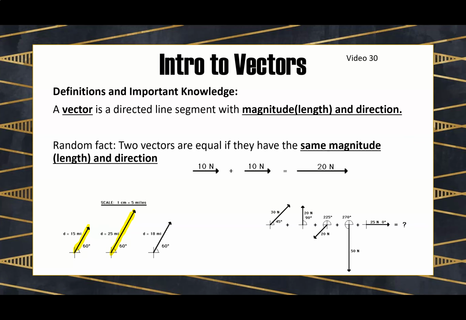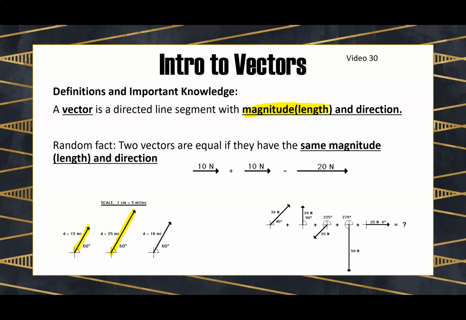Well, obviously the 25-mile, you can see that that's a longer vector, that's a longer length. So length and magnitude are the same thing. In this case, the one on the right here has a magnitude or a length of 25 miles, and the one on the left has a magnitude or a length of 15 miles. We'll typically say the word magnitude instead.